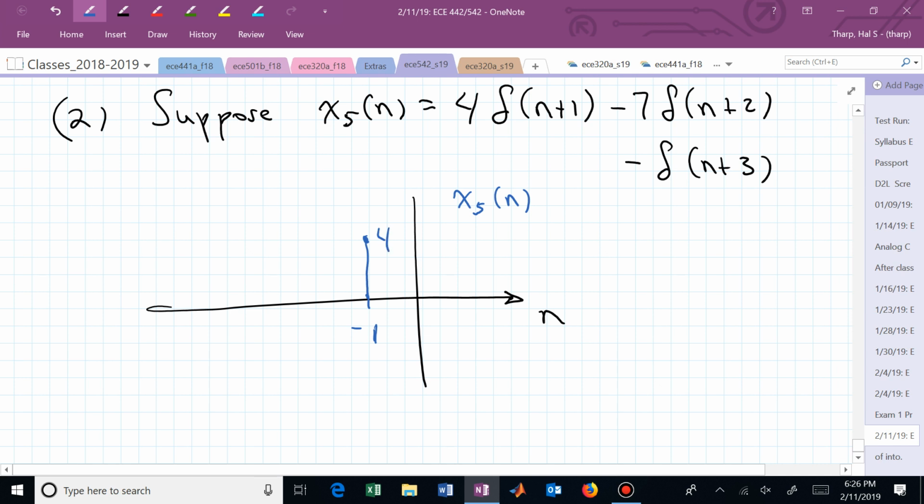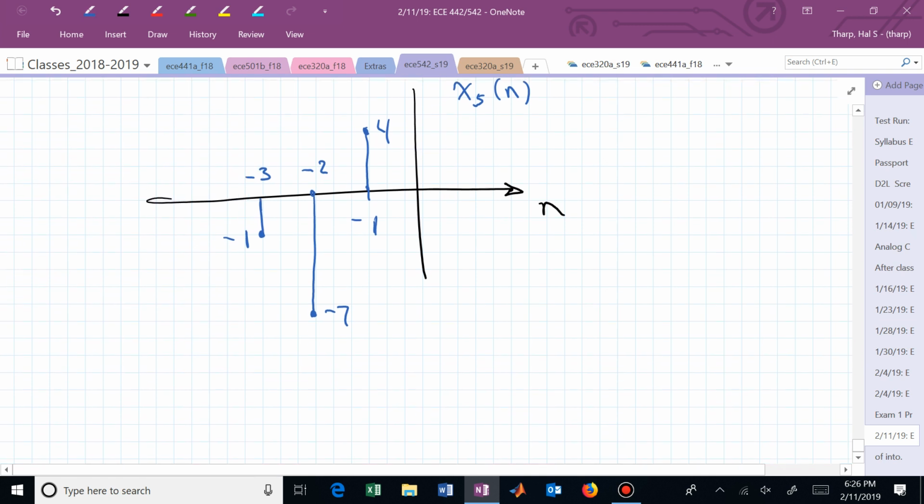When we set the second term's argument equal to 0, n plus 2 equals 0 says n is equal to minus 2. Now we're down at minus 7. And at minus 3, we're minus 1.